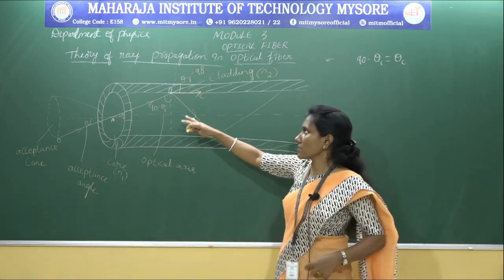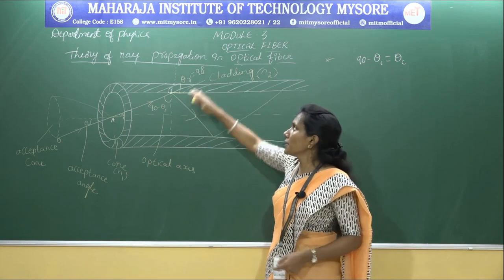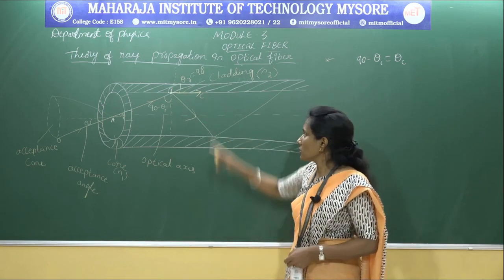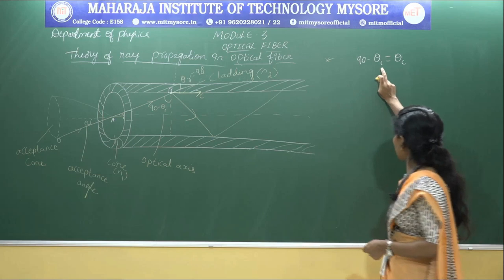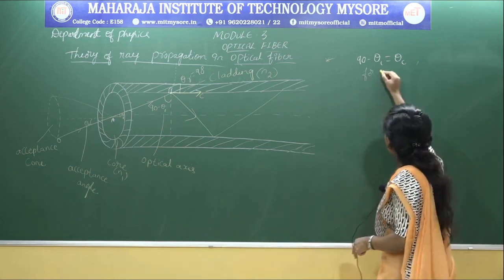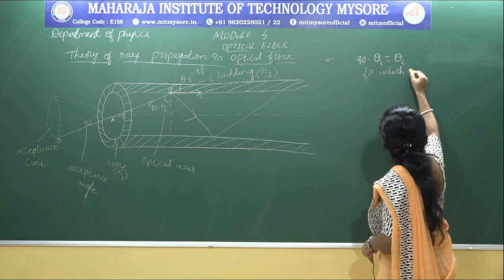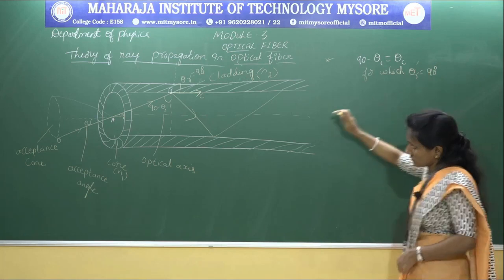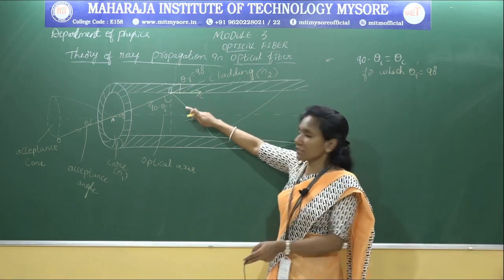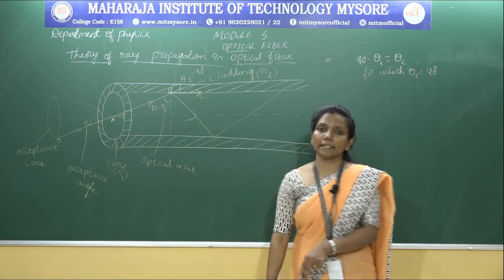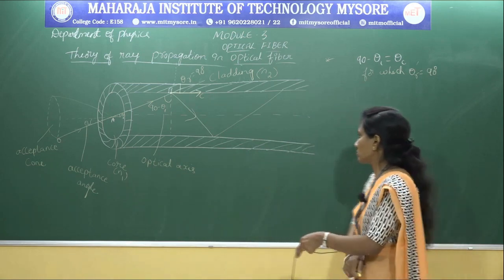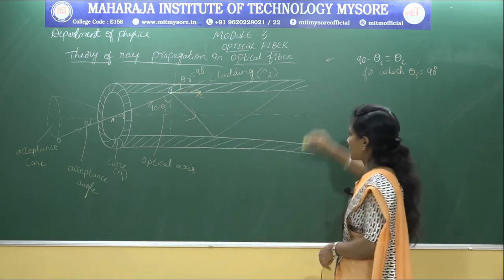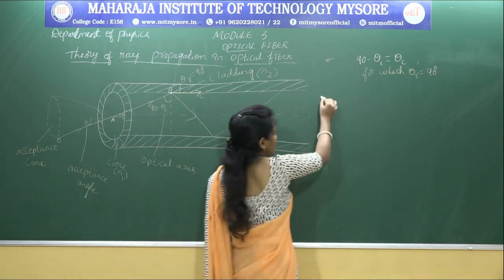So when the ray is incident at the interface between the two surfaces at the critical angle, the angle of refraction is equal to 90 degrees. 90 minus theta 1 is equal to theta C, for which the angle of refraction is equal to 90 degrees. So the ray of light at the interface between the core and cladding region makes an angle of 90 degrees with the normal.